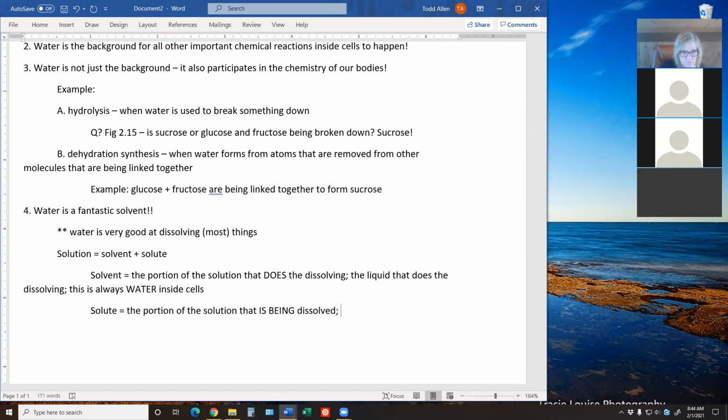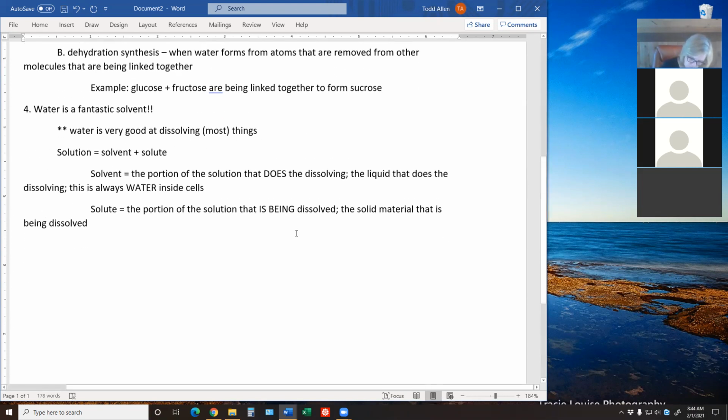We could say it is the solid material that is being dissolved. Okay, and so let's go with an example here. Let's see what we can do. See if we can make some sense of this. Let's say that I have the following.